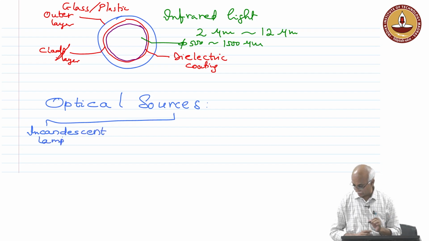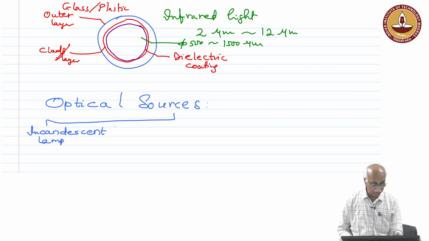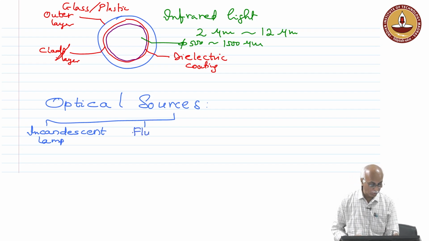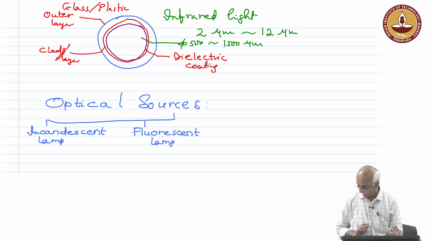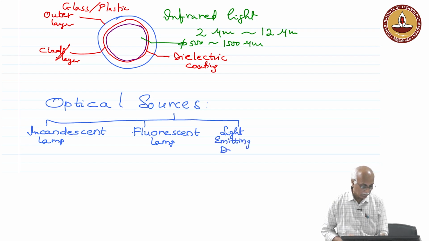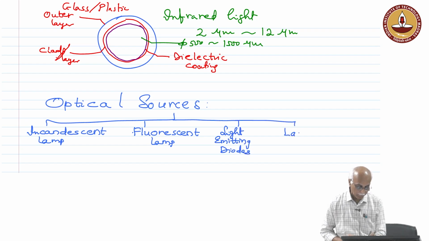Okay, incandescent lamp. This is one type of lamp, the other one is the fluorescent lamp. Then light emitting diodes, and lasers.